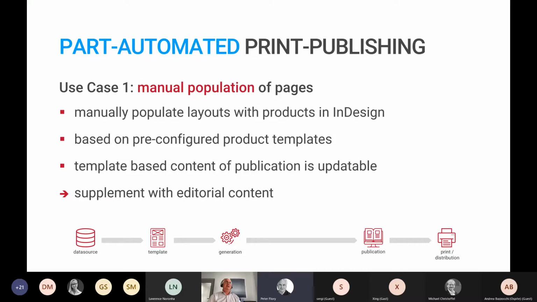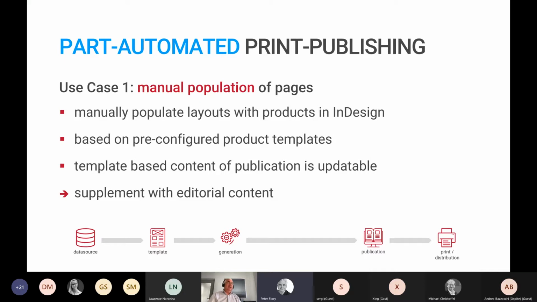And anything that's been positioned on the page via a template from your data is obviously updatable at any later stage. And because we are inside InDesign, you can obviously supplement your products with additional editorial content. So this is very much a manual way of working.